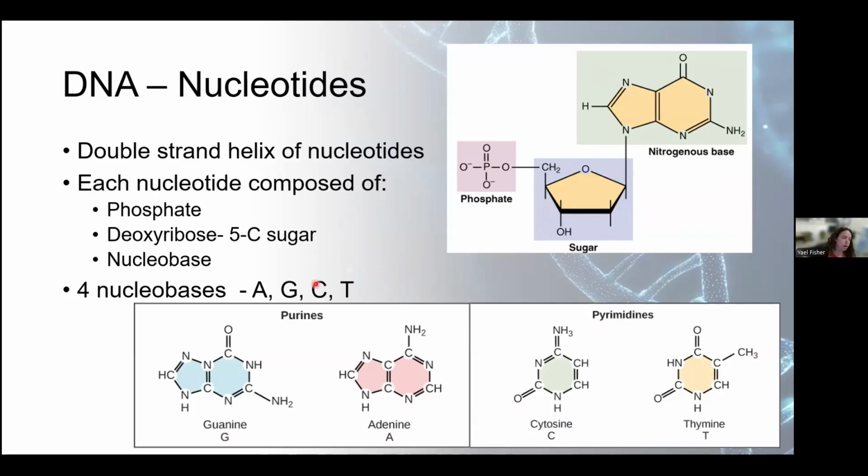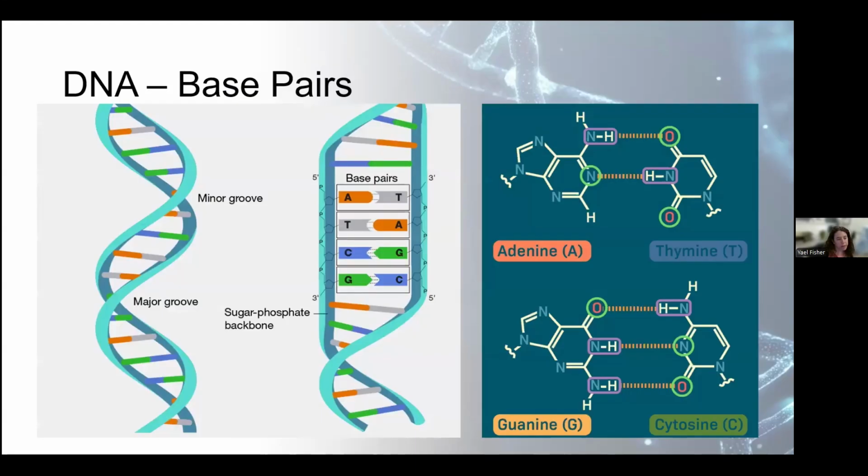There are 4 types of nucleotides in 2 groups. So we have 2 purines that have 2 rings in them, adenine and guanine, and 2 pyrimidines, thymine and cytosine, that have 1 ring in them. Now, these are organized in pairs, and the pairs are constant.